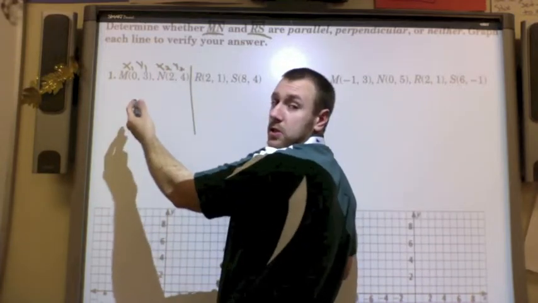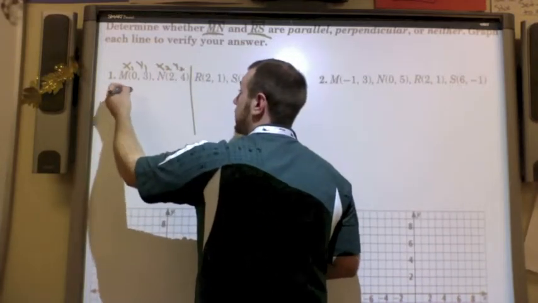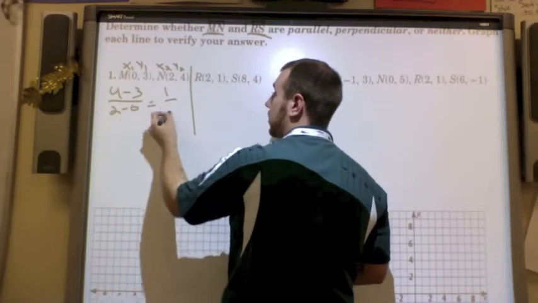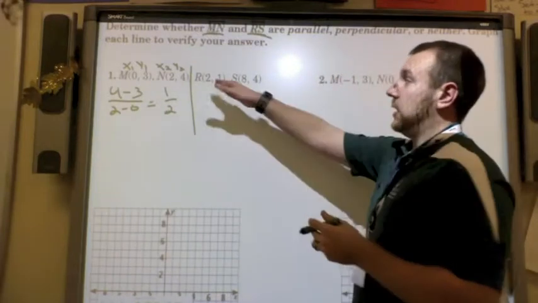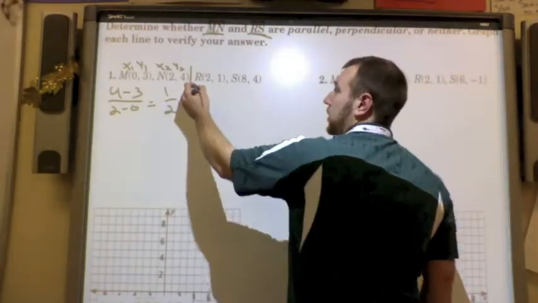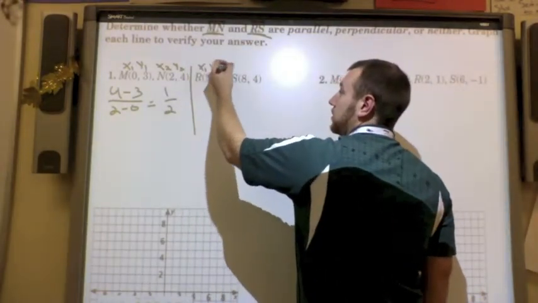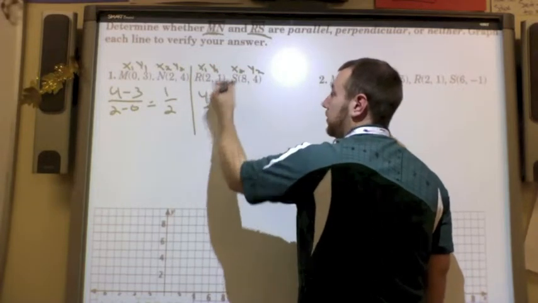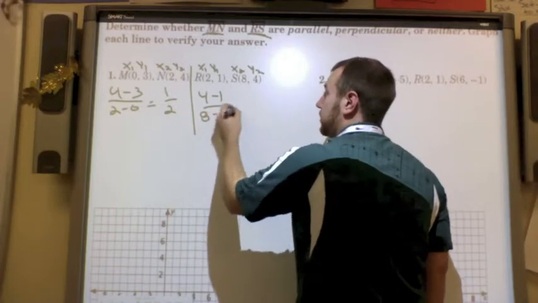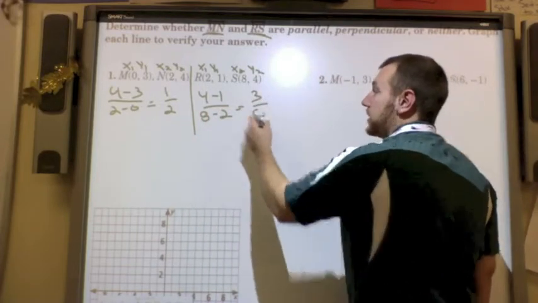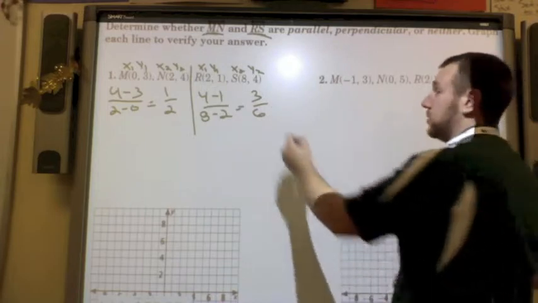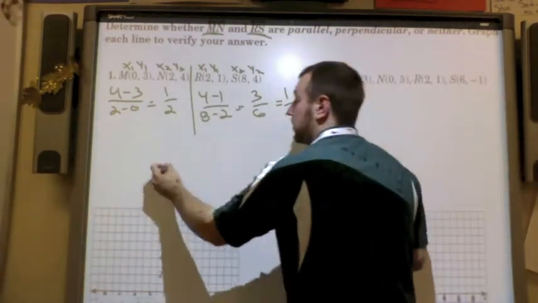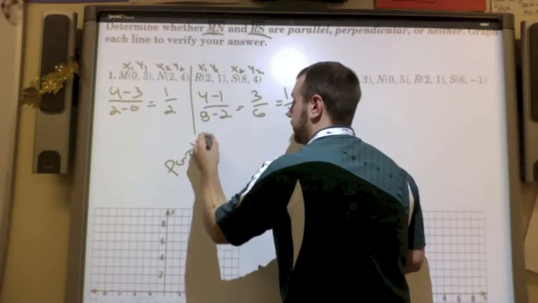Find the slope between these 2 points. 4 minus 3 over 2 minus 0. This is 1 over 2. I do the same thing here. x1, y1, x2, y2. 4 minus 1 over 8 minus 2. 3 over 6. Well, 3 over 6 can be reduced down to 1/2. They're the same, so they're parallel.